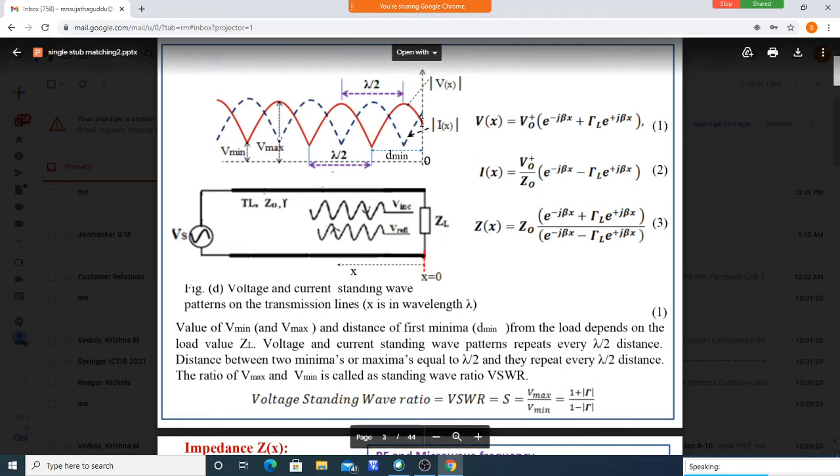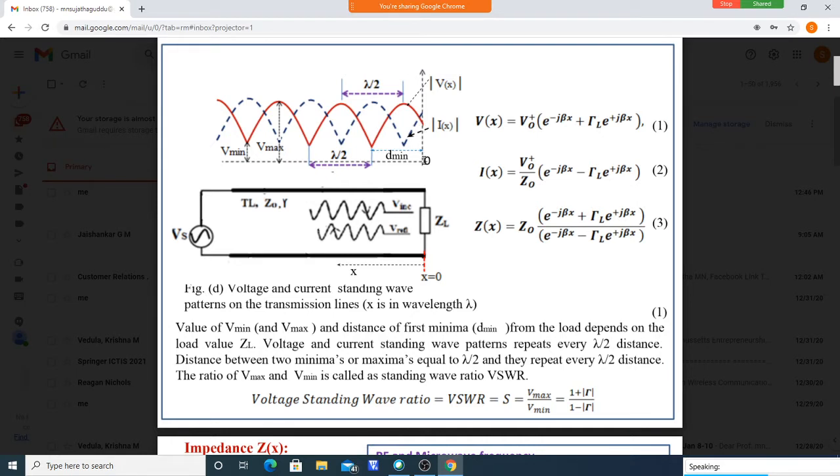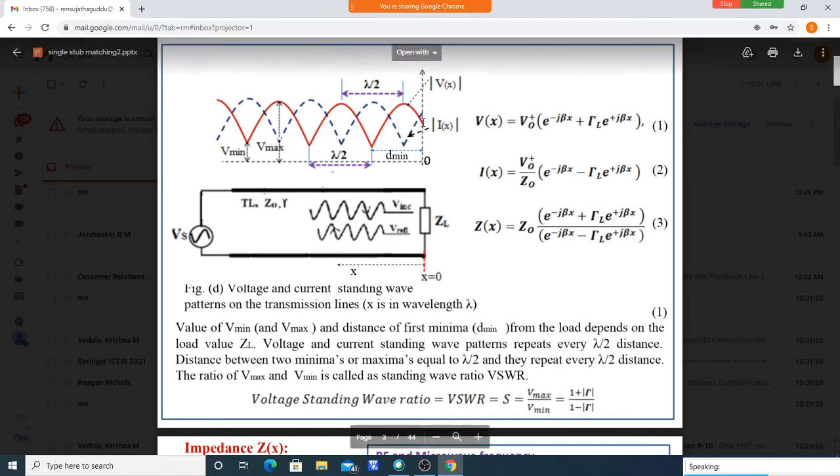You can observe this value of voltage repeats again here. This impedance repeats again here. That means at a distance of lambda by 2 from the load point, the same value will repeat here. That means the impedance ZL repeats again here.